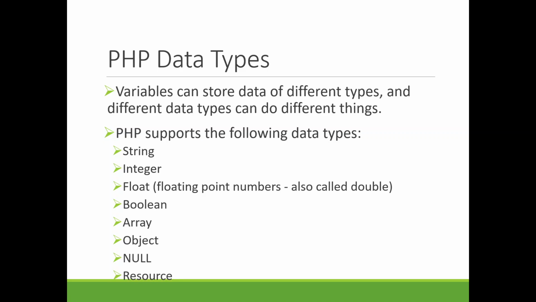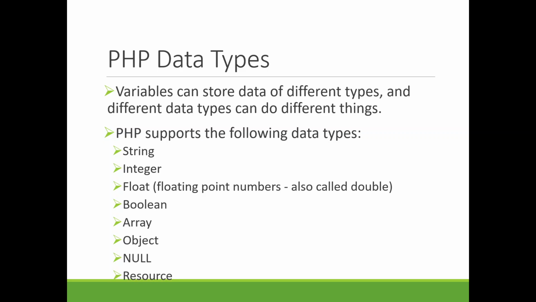Now, just as a reminder, a data type is simply the type of data that you want to store in that variable. A variable is a container. It is a place in memory that is created in order to store some data. Now that data is going to be of a particular type, and that is what we call a data type.